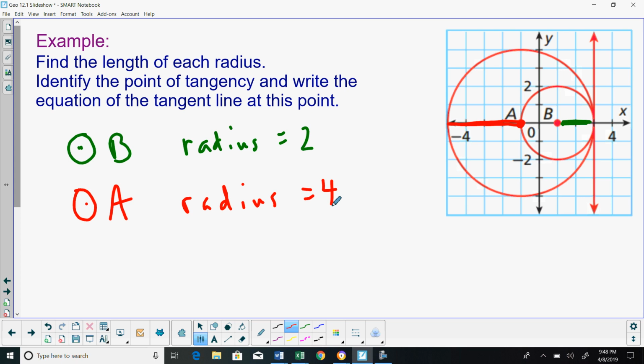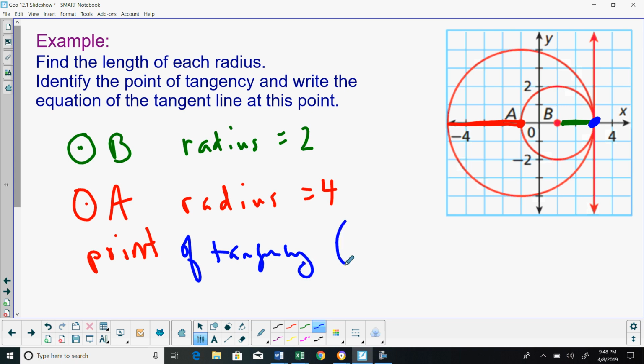And we're supposed to identify the point of tangency. So I would say the point of tangency is this point right here, which has an ordered pair, it looks like 3, 0. So this is my point of tangency, and I would say that's the ordered pair 3, 0.